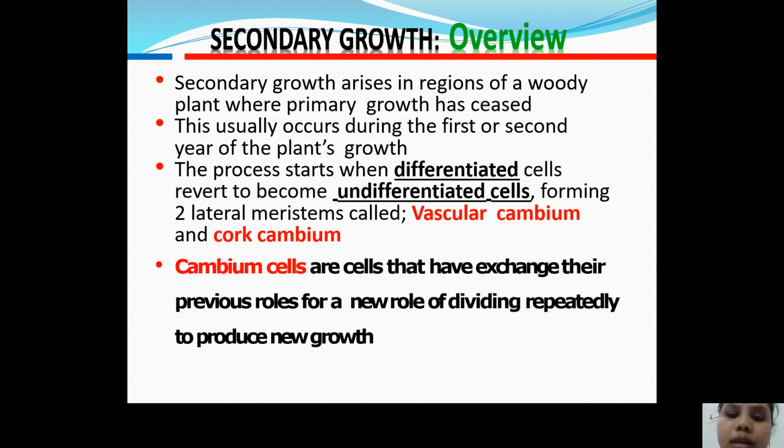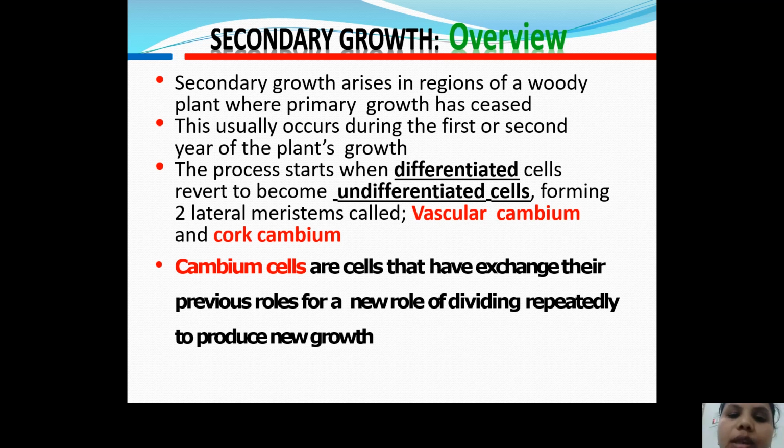Subsequently, these secondary tissues are formed when the plant resumes the activity of secondary growth.